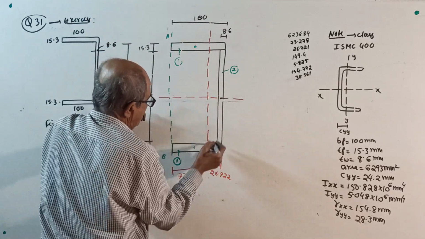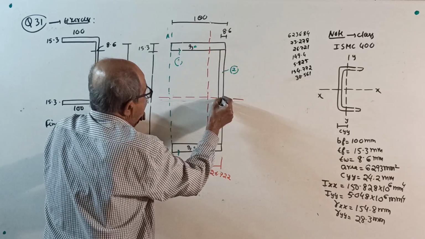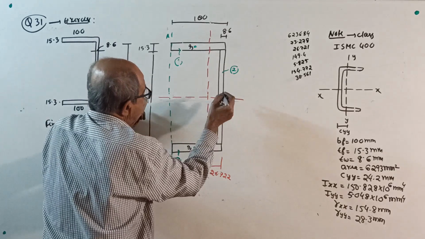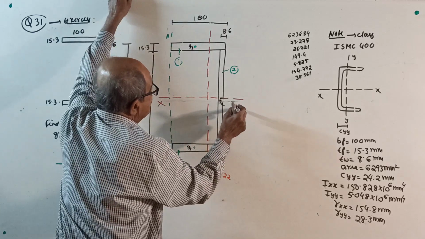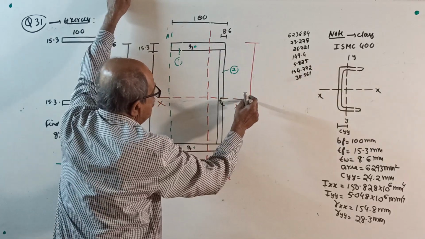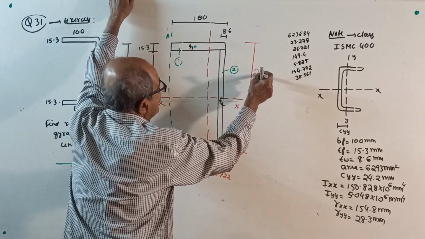This is actually your G1, this is G3, G2 coincides here. This is your x-axis. No distance calculation required from top to bottom and bottom to up: total 400, 200, 200.